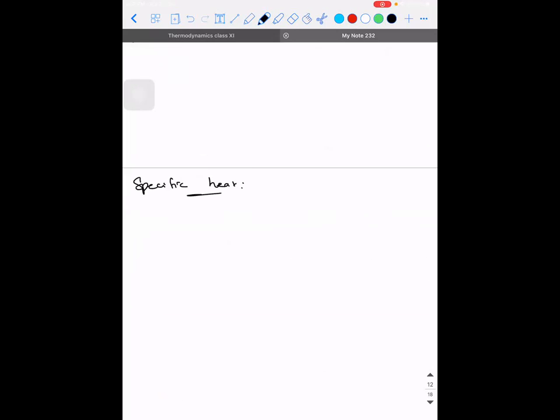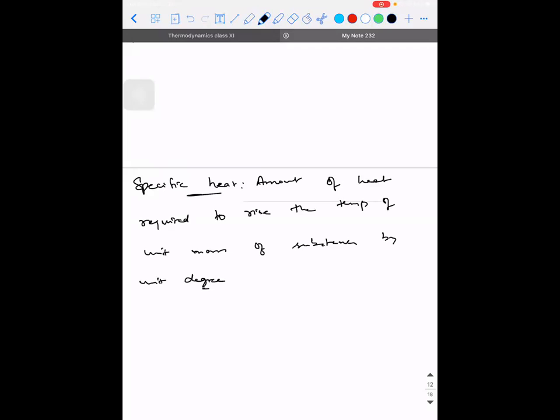It is the amount of heat required to raise the temperature of any mass of substance by 1 degree. That's right. So the amount of heat required to raise the temperature of unit mass of substance by unit degree, right?